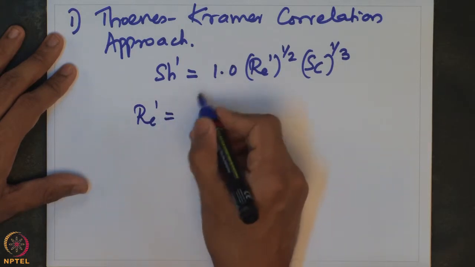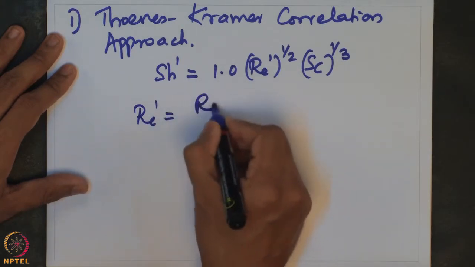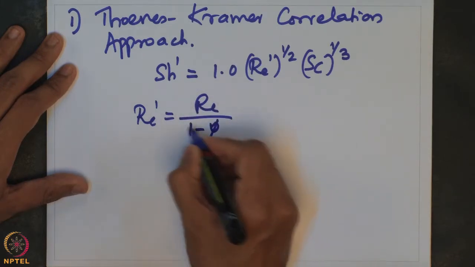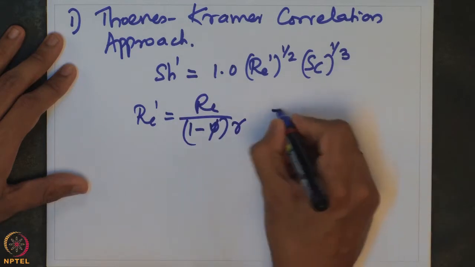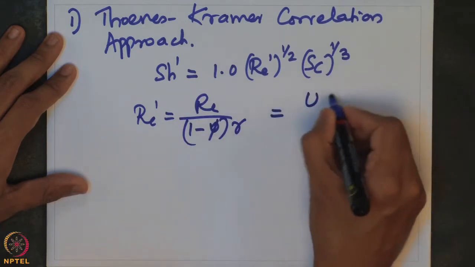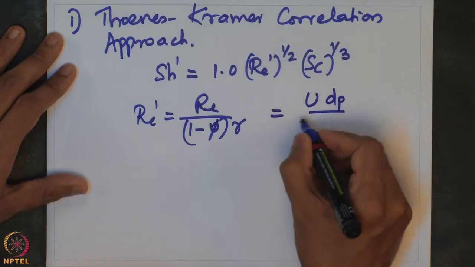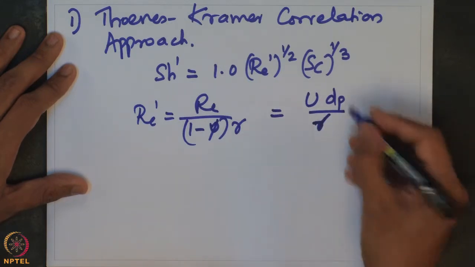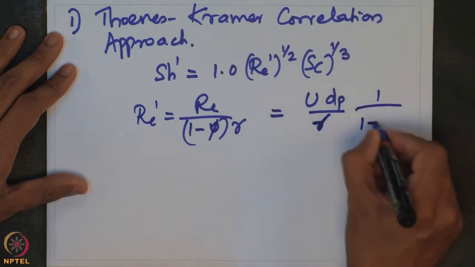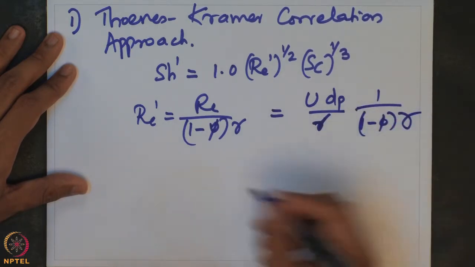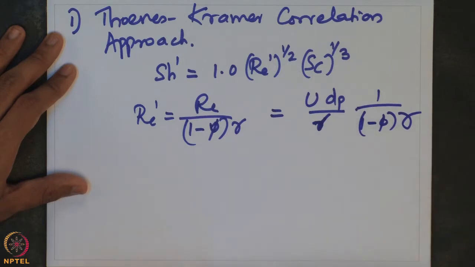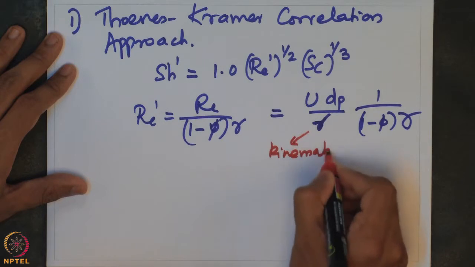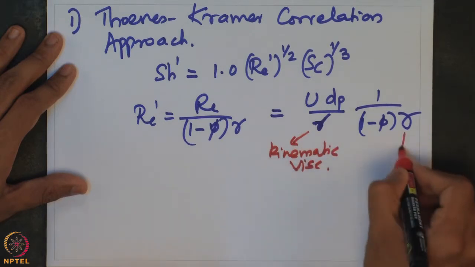It is essentially given by the Reynolds number based on particle diameter divided by 1 minus phi into the shape factor, and that is equal to u into the equivalent particle diameter dP divided by the kinematic viscosity nu, that into 1 by 1 minus phi into the shape factor. Note that nu is the kinematic viscosity and this is the shape factor.